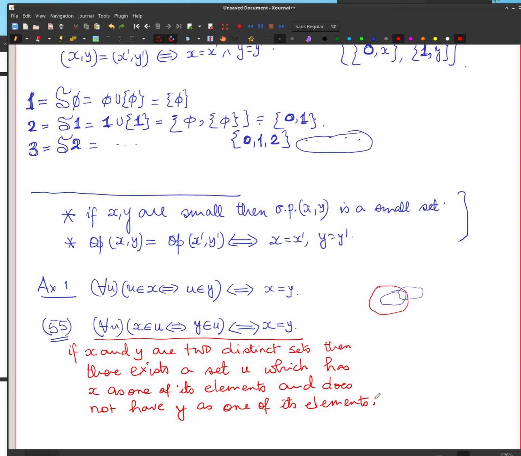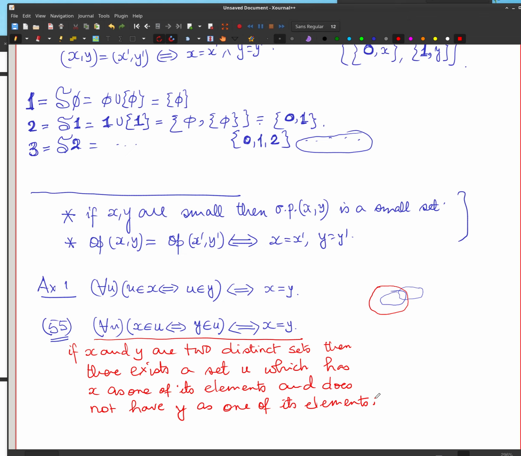So the idea is very simple, but to weed out that extra inessential information. Given a set x, you are making the singleton x.